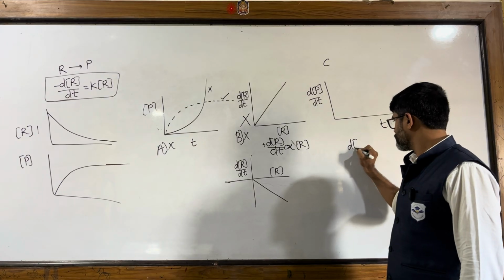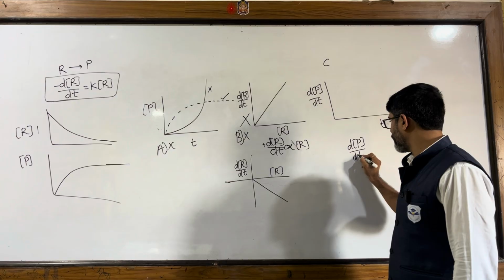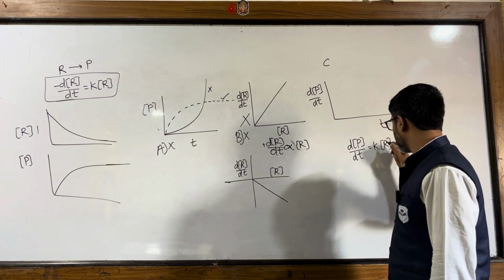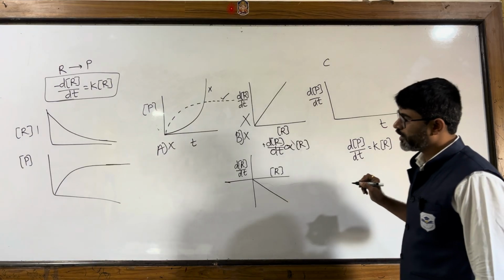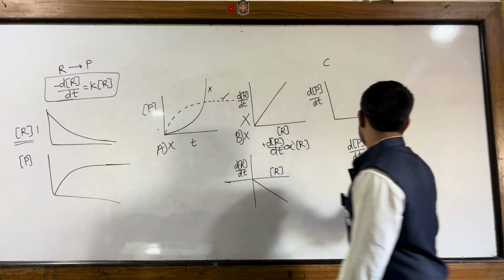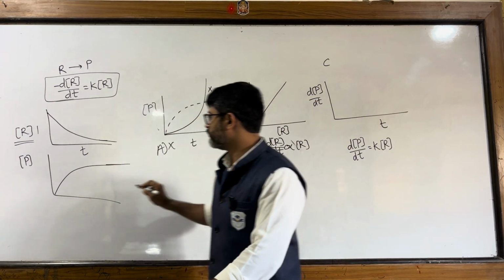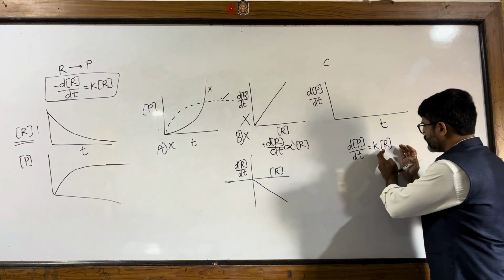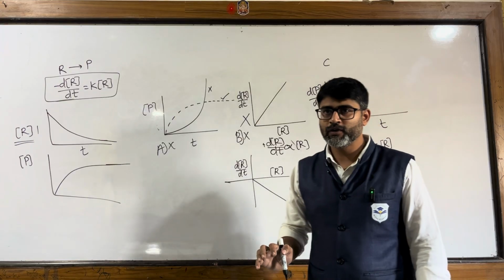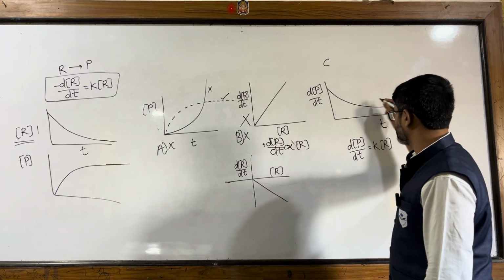So -d[R]/dt is similar to d[P]/dt, which is equal to k times concentration of R. As the concentration of reactant is decreasing with time, this concentration decreases. As the concentration of R decreases, the rate of formation of product will also decrease. So this graph is correct.